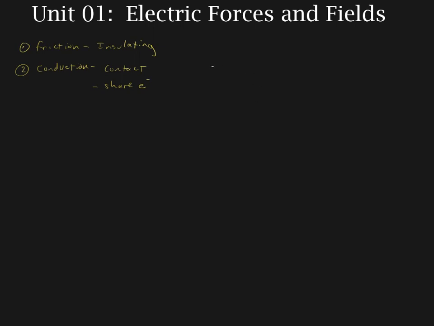If you have a conducting sphere here that has 5 coulombs of charge, and you have a neutral sphere over here, then when you bring these two spheres into contact, as long as they're the same size, you're going to end up with 2.5 coulombs on the left and 2.5 coulombs on the right.